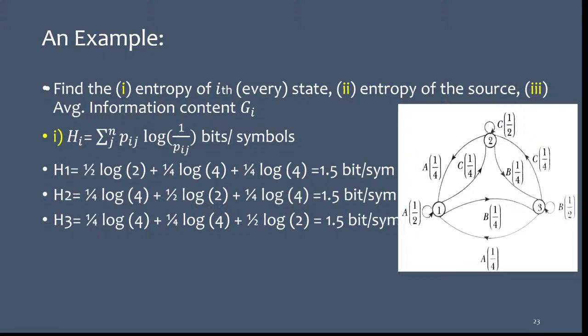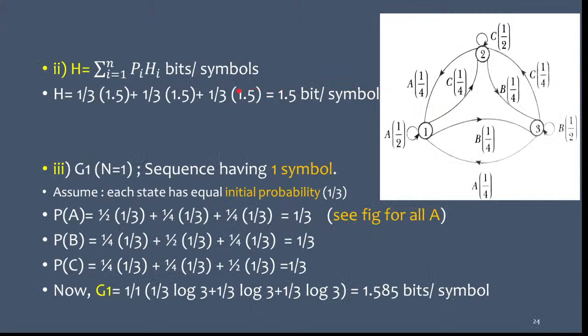Next, we need to find the entropy of the source. That's the second part of the question. So the entropy of the source is given by this equation, equal to the sum of Pi multiplied by Hi for all the states. We know all the Hi's, H1, H2, H3. And it is also given in the question what the value of Pi is, the initial probability of every state.